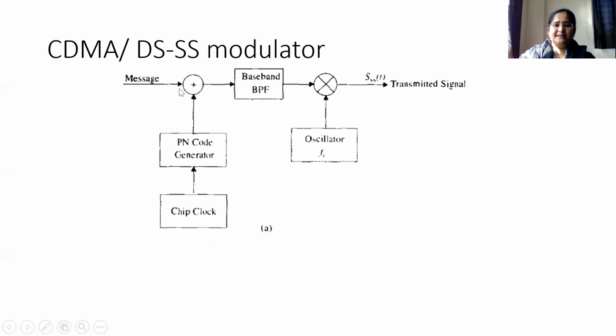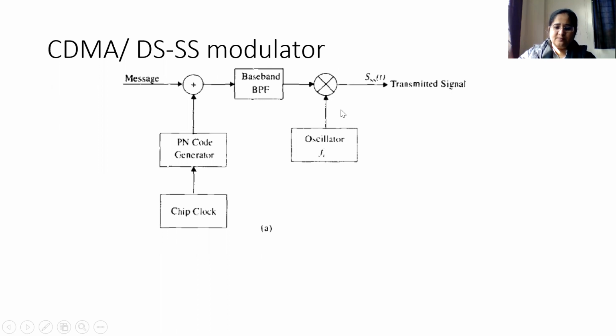After multiplying it with the pseudo code, we get the spread signal. Then this spread signal is modulated by any technique. You can use binary PSK, QPSK, DPSK, or any other technique. After the modulation, we get our required signal that we can transmit.